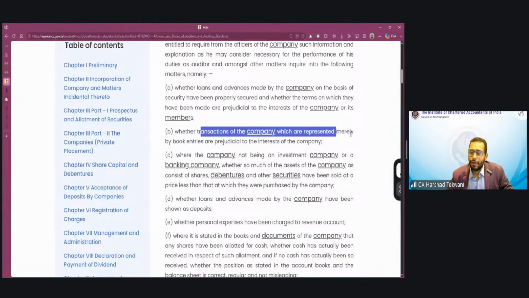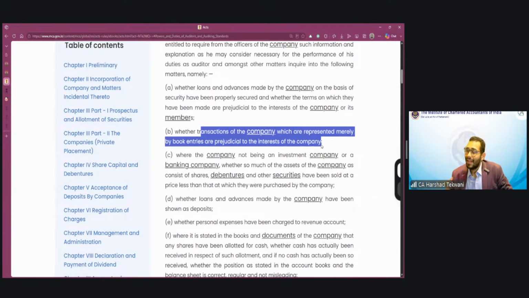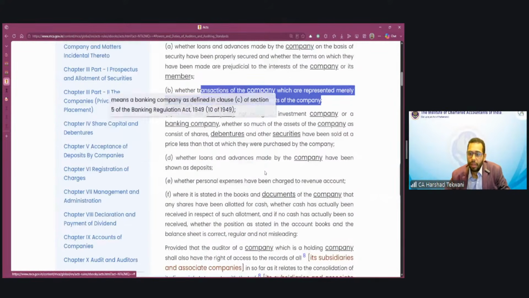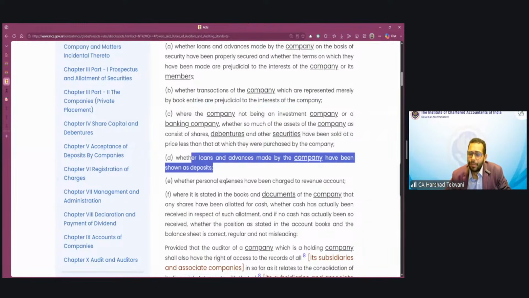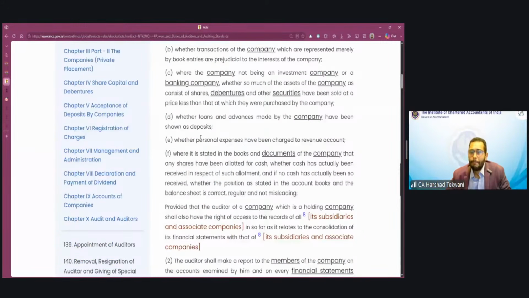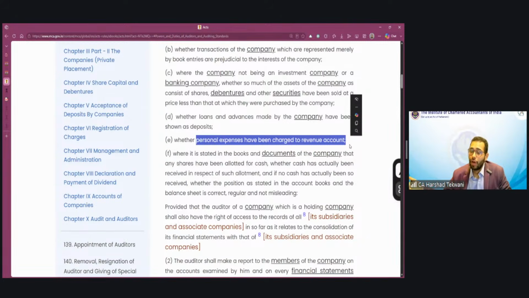Transactions of the company which are represented merely by book entries and are prejudicial to the interest of the company means, in essence, there is no transaction, but they are just representing a book entry. Then, loans and advances made by the company shown as a deposit, which is a correct disclosure question. Personal expenses charged to the revenue account, meaning personal expenses charged to the profit and loss account. Again, public conduct plus the general principles governing sound financial management.